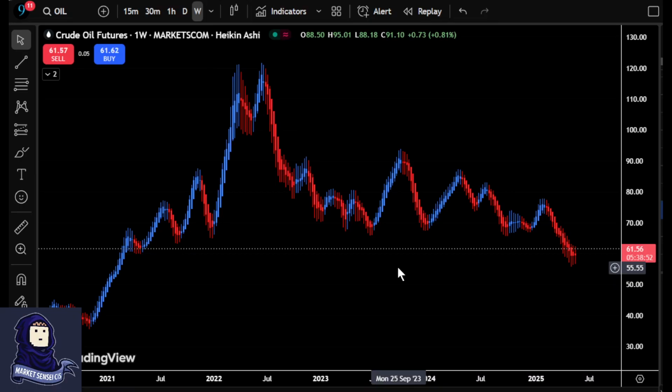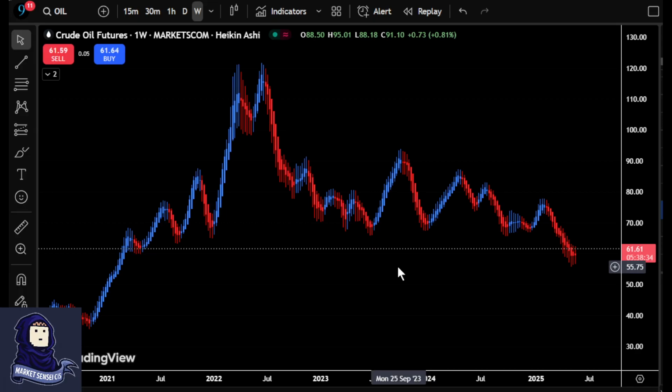Not necessarily that it will make money, but at least it improves your chances of entry. I prefer to use stochastic as well, RSI as well.